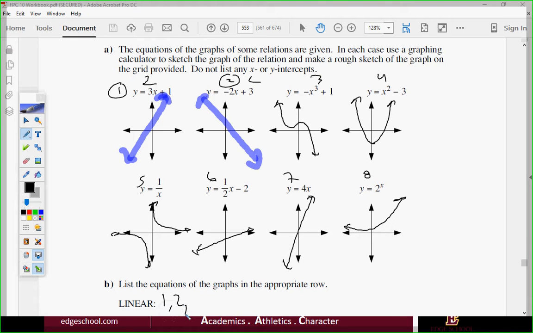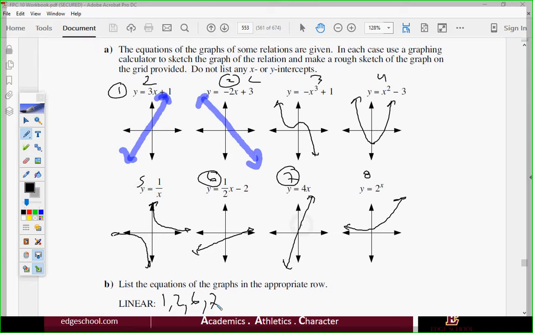Raj, what's another one that's linear? 6, good. Travis, what's the last one that's linear? 4. No, 4 is a parabola, it's curved, so it's not linear. 7. There we go, 7 right there.